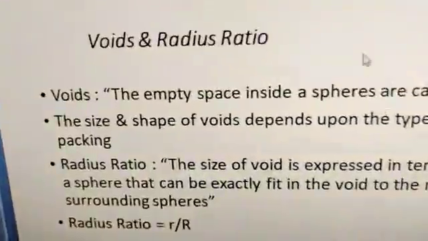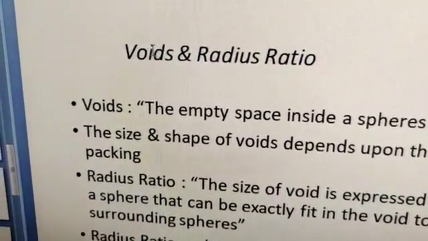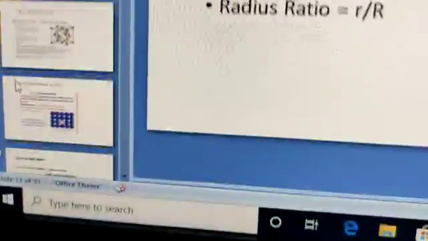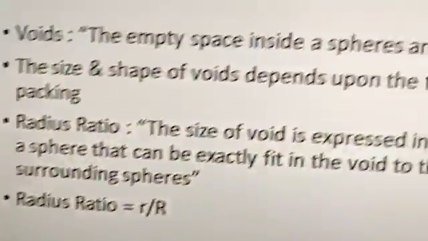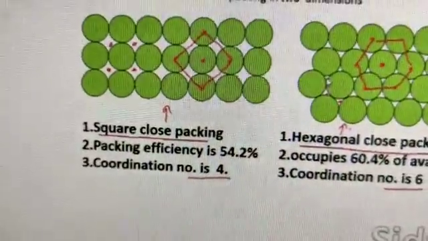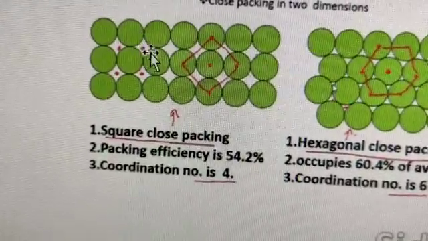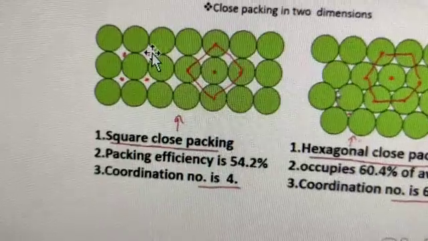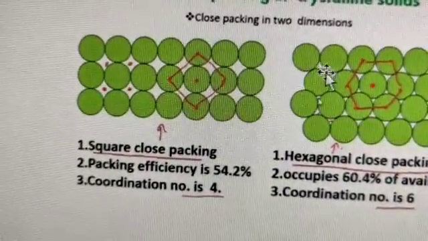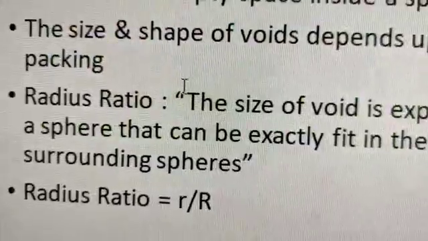Right, the next part is the voids and radius ratio. Now see what is meant by the void. Void means the empty space. If you can see here, in between these two atoms, some white colored space is there. And this white colored space which you can see in between these atoms is known as the void.